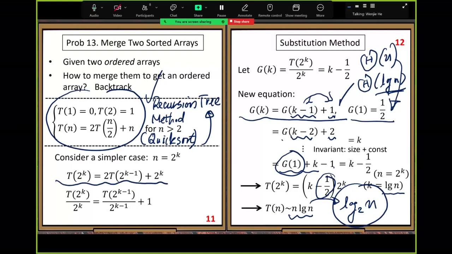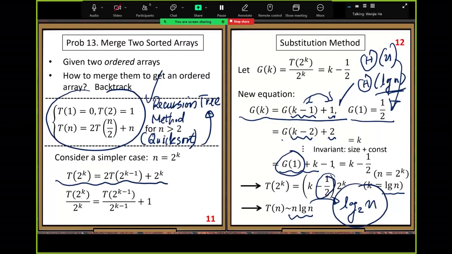So I finished part E, merge sort. After this discussion, you get the whole merge sort. How to do the merge sort, and the conclusion.